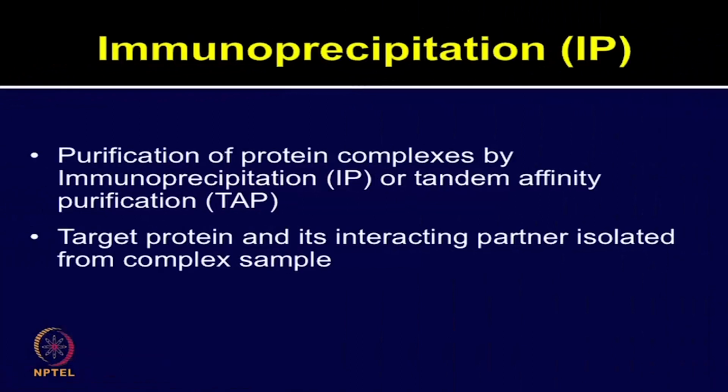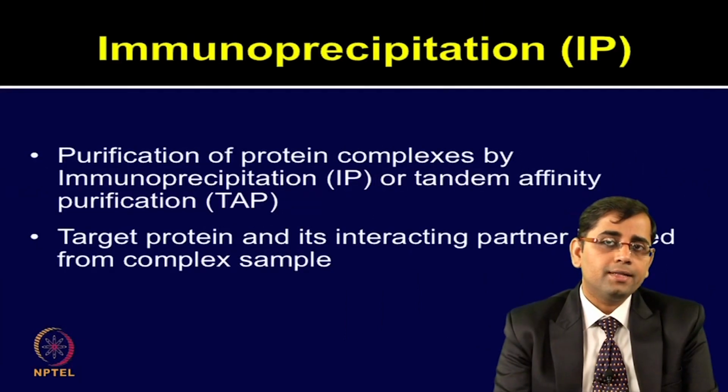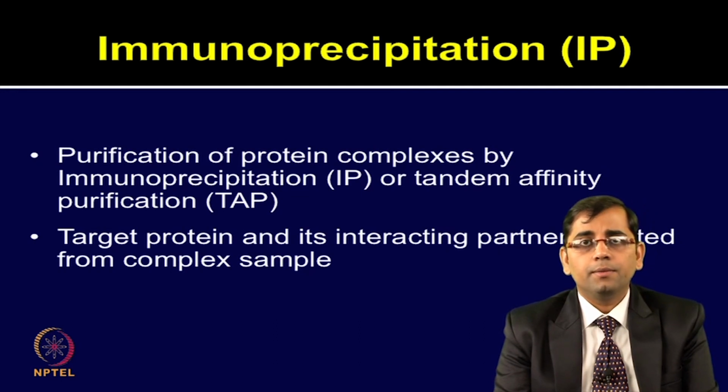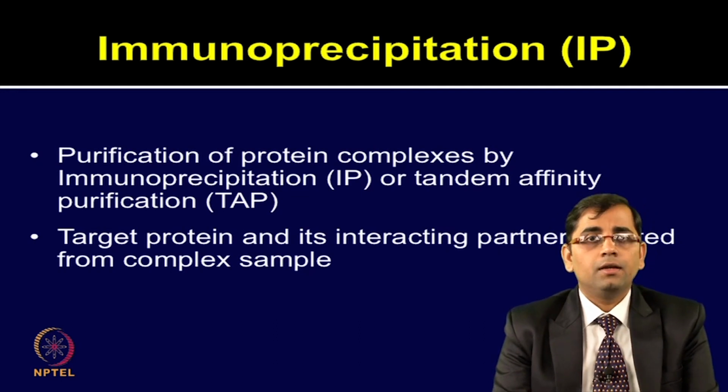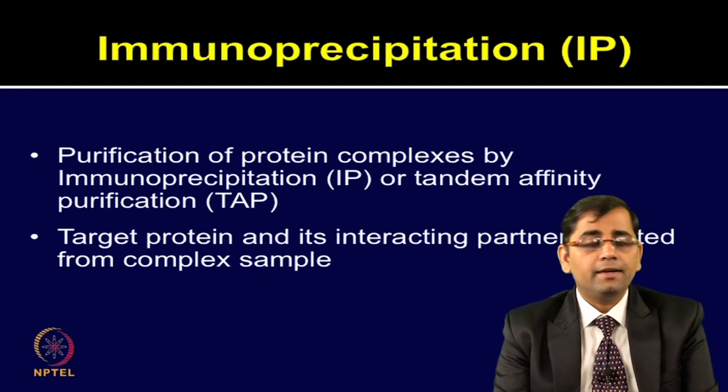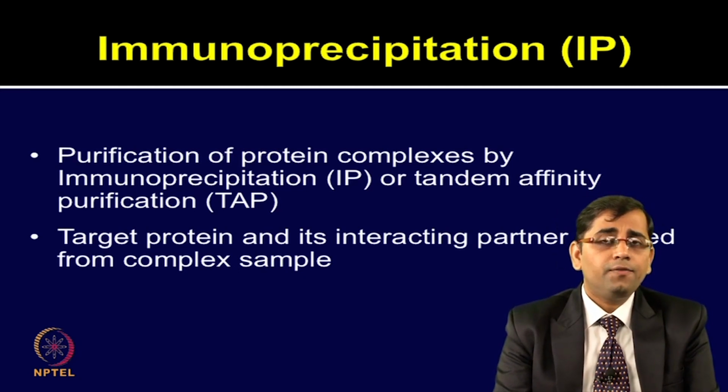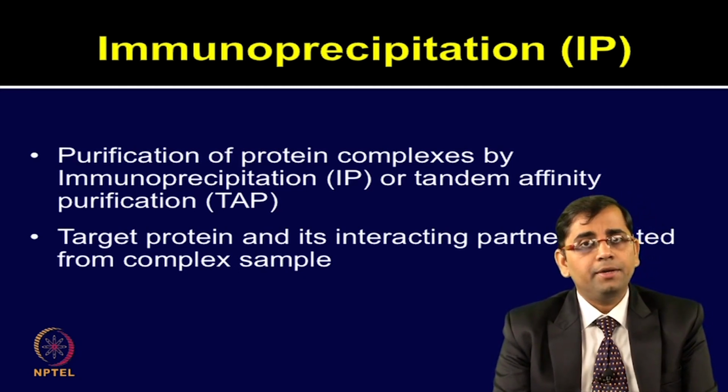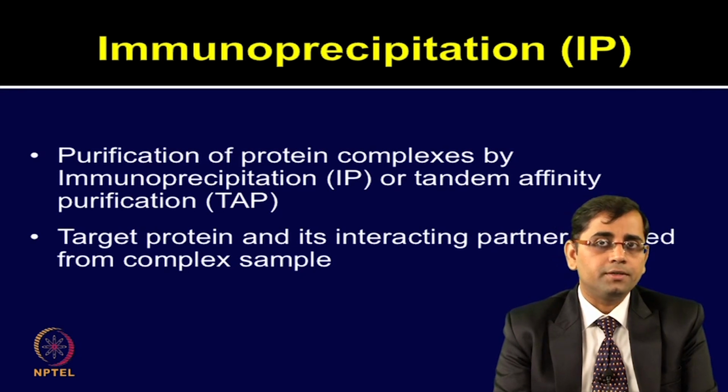Immunoprecipitation or tandem affinity purification, also known as TAP, is a technique used to purify protein complexes and study protein-protein interactions. Depending on the protein that needs to be purified, different types of tags can be attached to the bait protein.